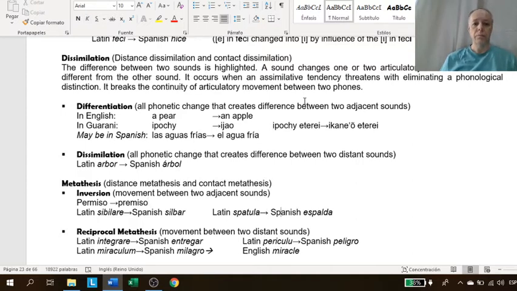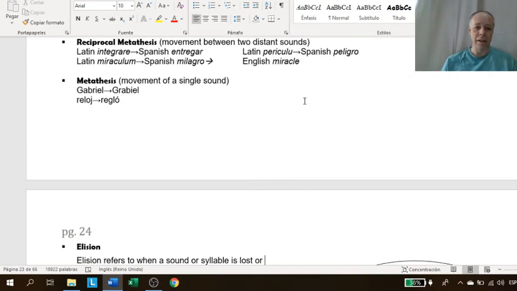Instead of "vidrio", many people say "virdio". Instead of "piedra", people say "pierda". Instead of "Gabriel", people say "Graviel". The sound moves through the word, the R in this case. And there are many other examples.